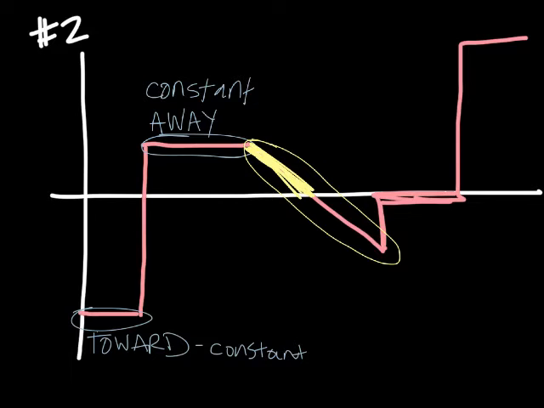Away. Away, good. So that portion right there, they're walking away. I know it seems kind of backwards because you're approaching that axis, but it's a velocity graph. The velocity is approaching zero, not the person. So by virtue of it being a positive value, that means they're walking away.